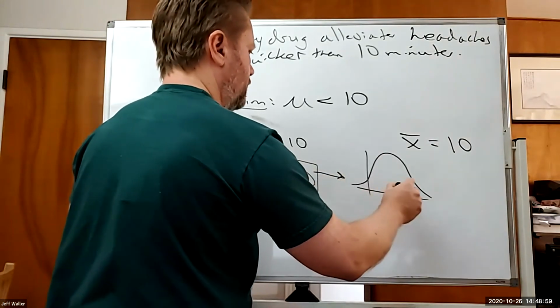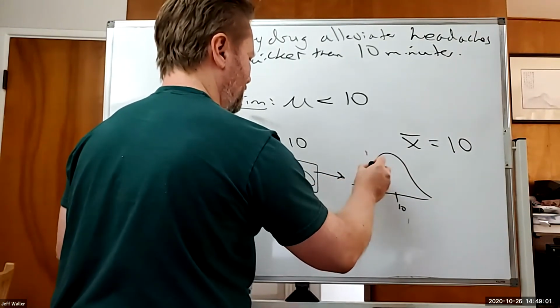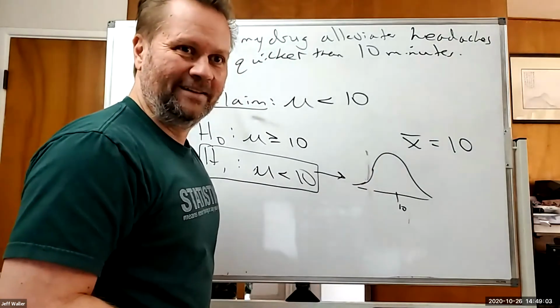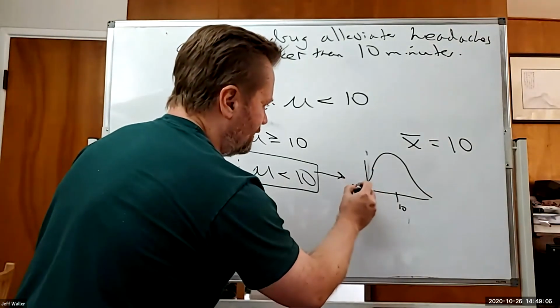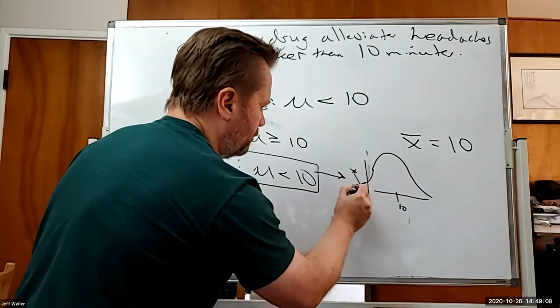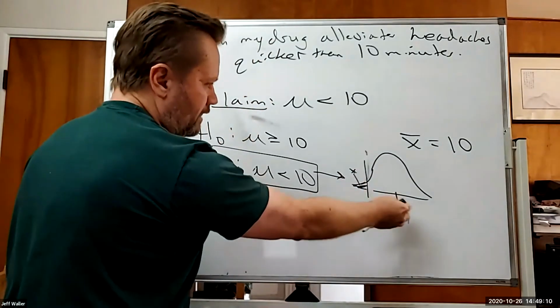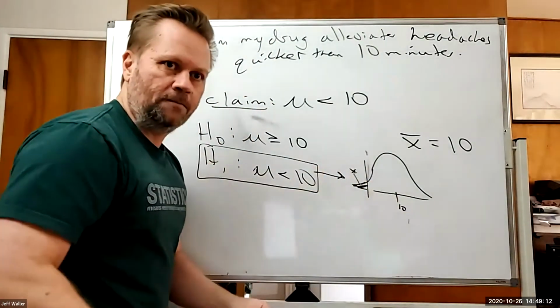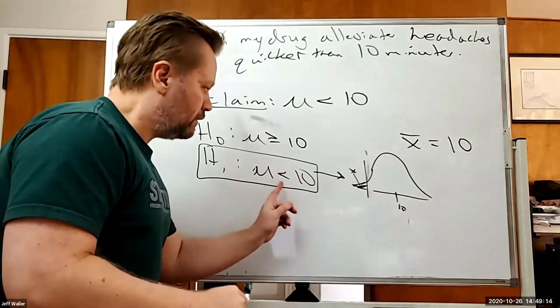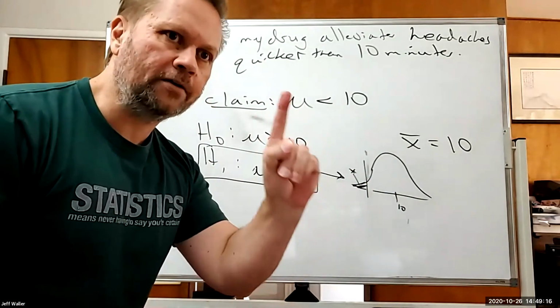On the left. Which side? Oh, I gave it away. It'd have to be down here. If I got a sample right there, that far away, that would be evidence that it's less than 10. So this would be a one-tailed test.